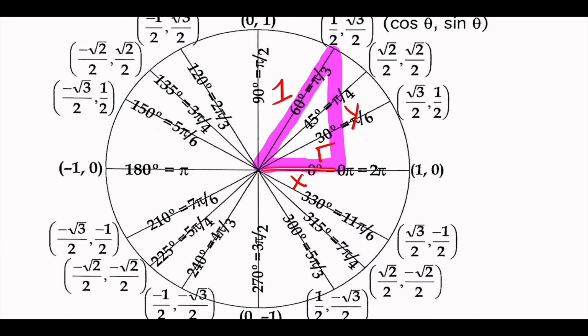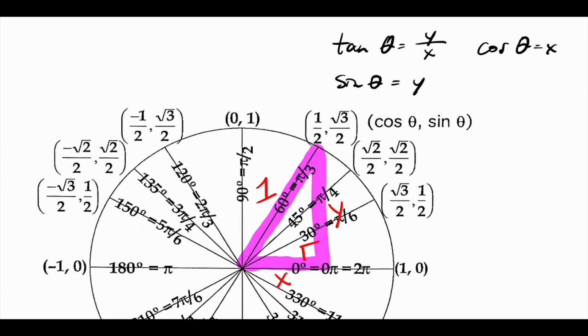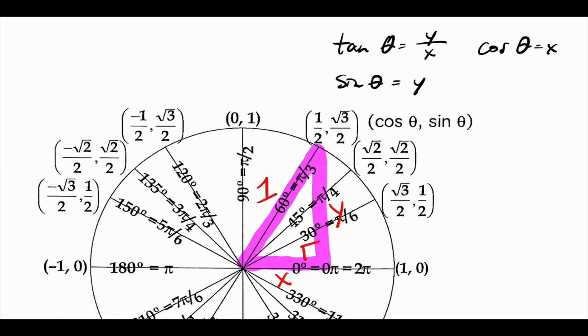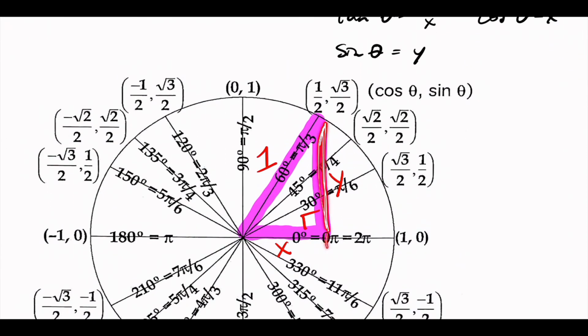Well, instead of saying a squared, we say x squared. And what is x equal to? X is the same thing as cosine. So in other words, we can say cosine squared plus sine squared is equal to 1.